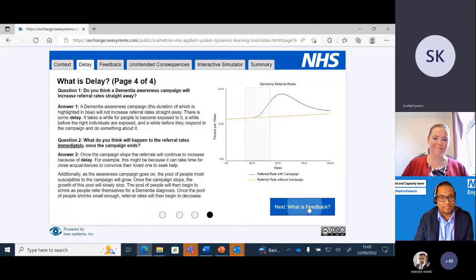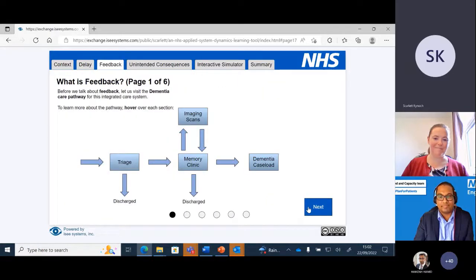I'll just go on to the next concept, which is feedback. Before I go into feedback, I just want to visit what the dementia care pathway for this integrated care system is like. So you start at triage. This is where individuals present at primary care and are triaged on whether dementia is suspected.